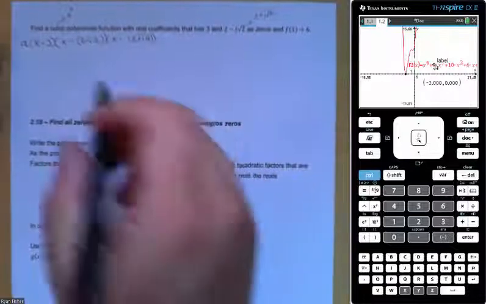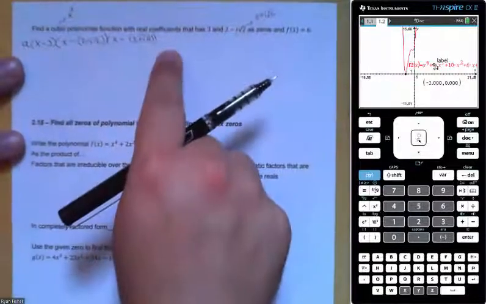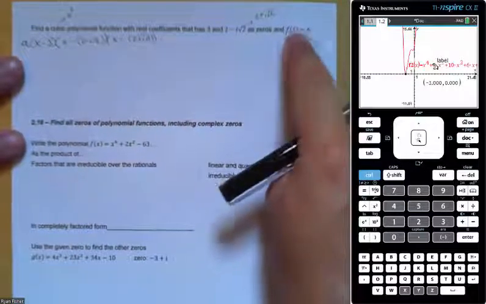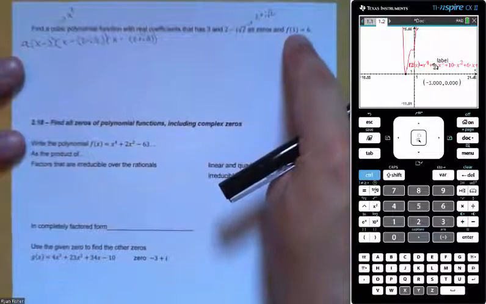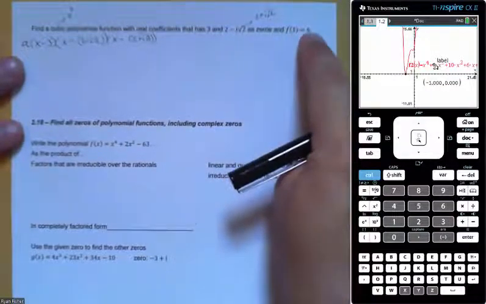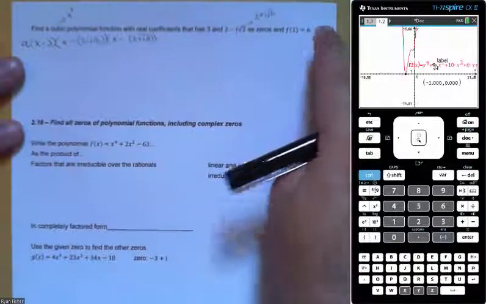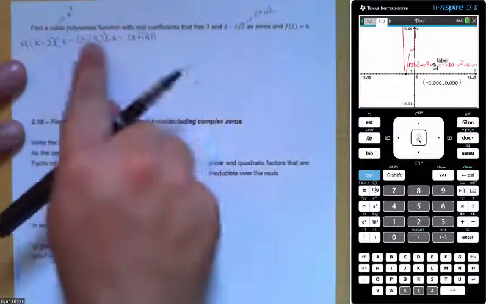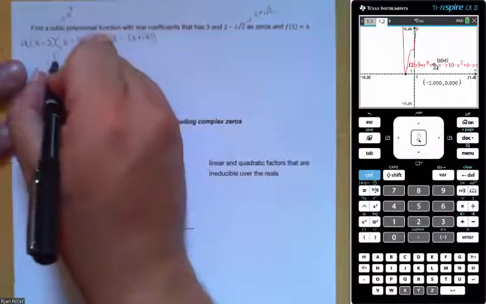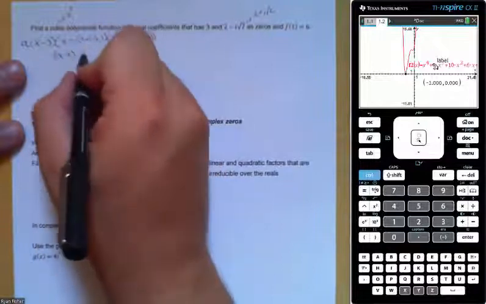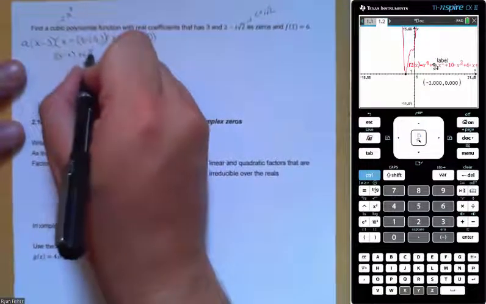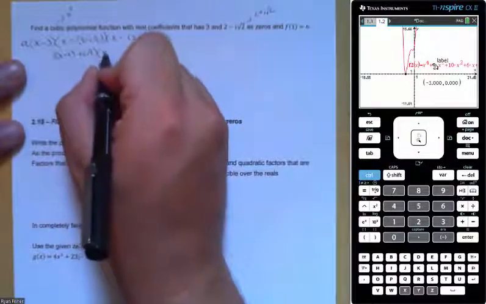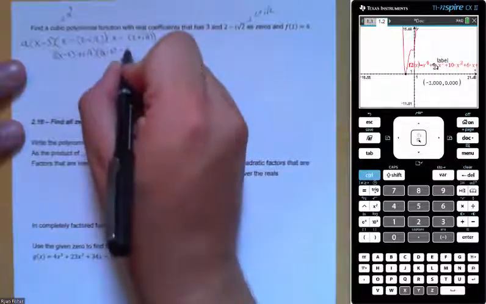Let's write this in general form. Once we have that, we can substitute in this specific input-output pair, and figure out what this stretch factor a is. Note, like before, this is in fact a difference of 2 squares. This is really the same as x minus 2 plus i root 2 and x minus 2 minus i root 2.